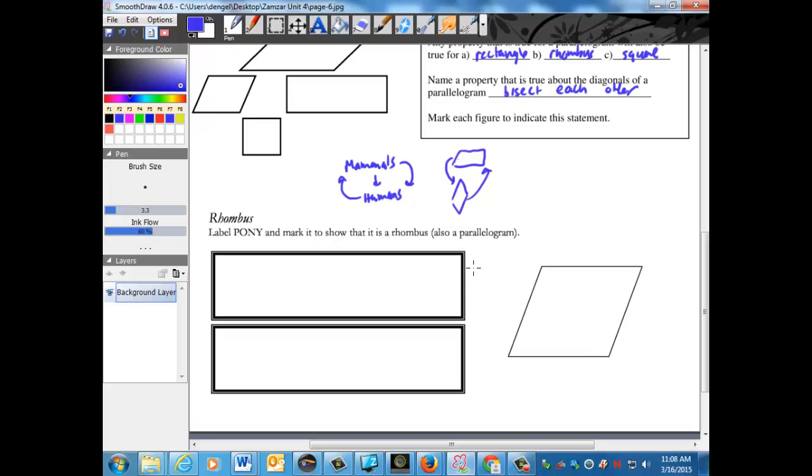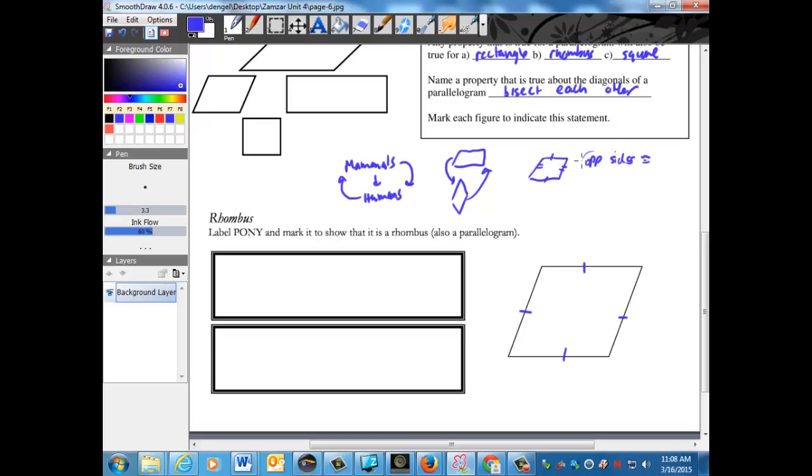One thing that we know about a rhombus is that all sides are congruent. That's one thing off the bat that makes it different than a parallelogram. Remember that in a parallelogram, we say that opposite sides are congruent. These two sides are congruent, and these two sides are congruent.